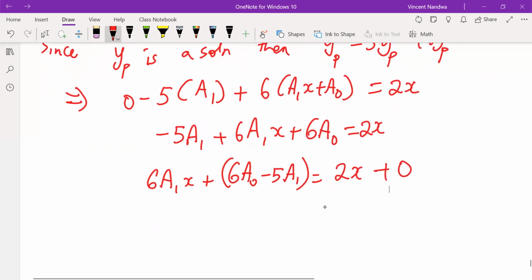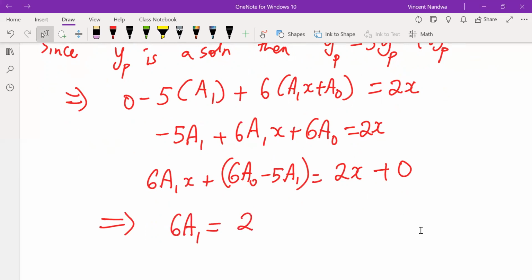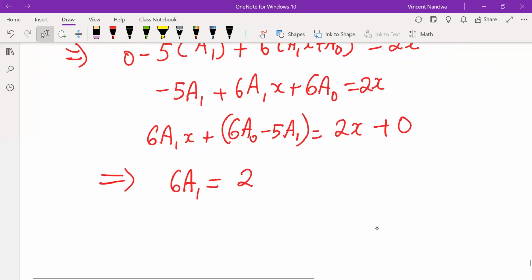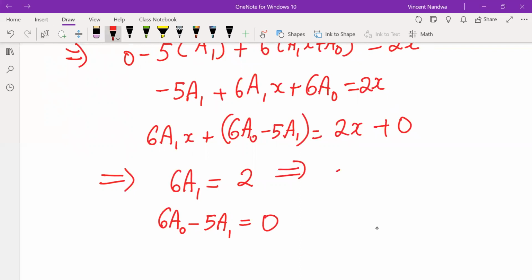For this equality to be correct, the coefficient of x on the left-hand side should match the coefficient of x on the right-hand side, and the constants should be 0. So a1 will be 2 over 6, which is a third, and we have 5a1 equals 6a naught.